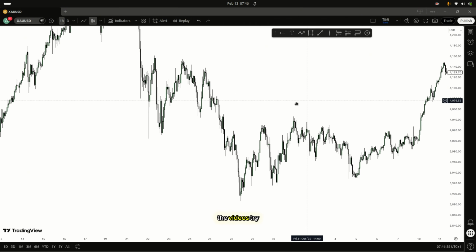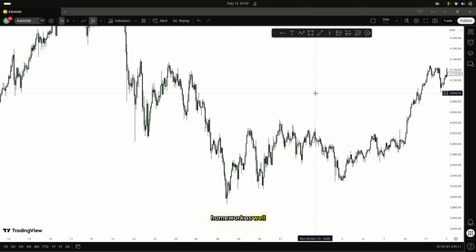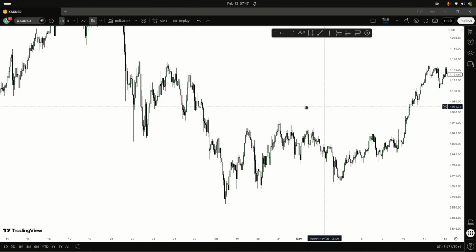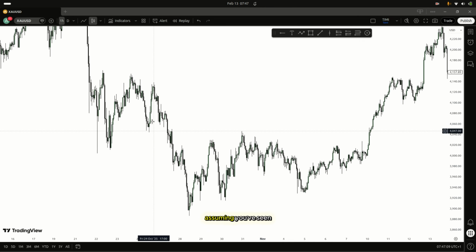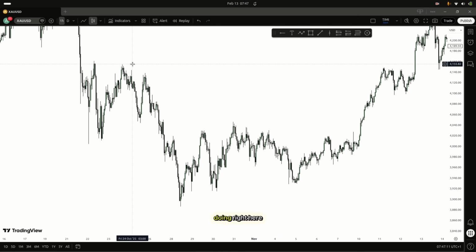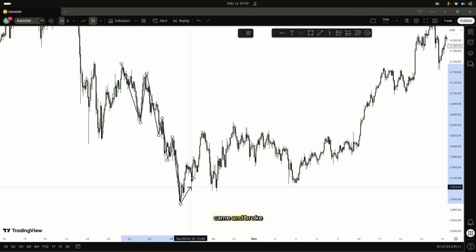So go over the videos, try to do your homework as well, try to study on your own, try to spot market structure shifts. Right here, price was giving us a series of lower highs, lower lows, and then price came and took out this previous high area.